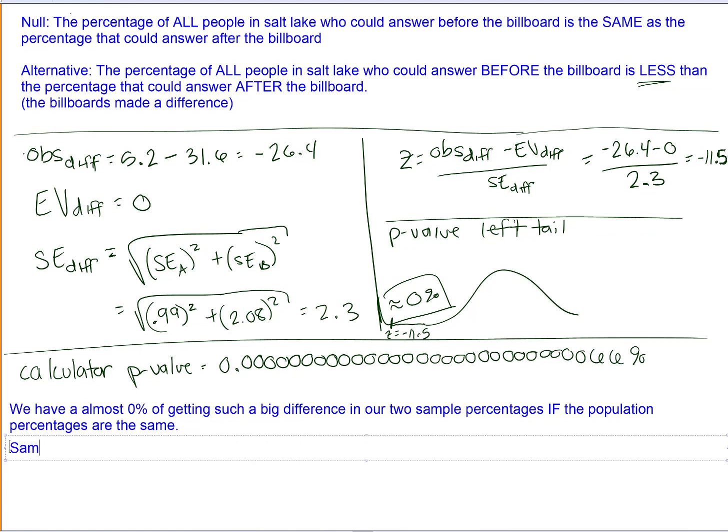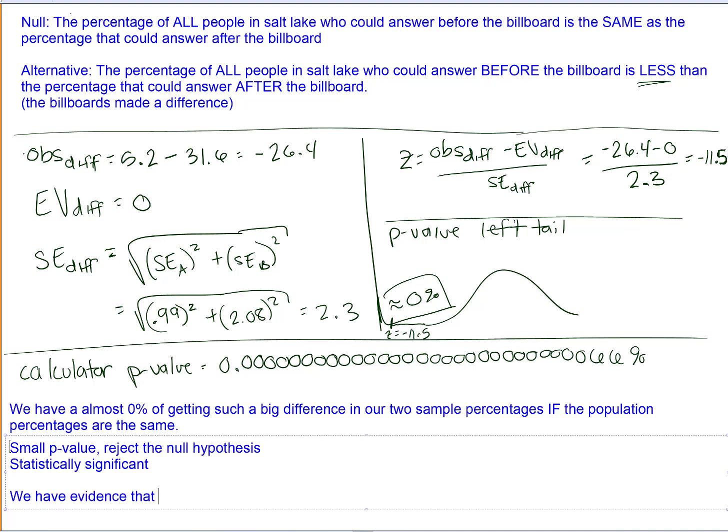I'm going to say this is a small p-value at any level of significance. So I will reject the null hypothesis. My results are statistically significant. That's what we always say anytime we have a small p-value. And I would say that we have not just strong evidence or very strong, we have incredibly strong evidence, and now you just repeat the alternative hypothesis.